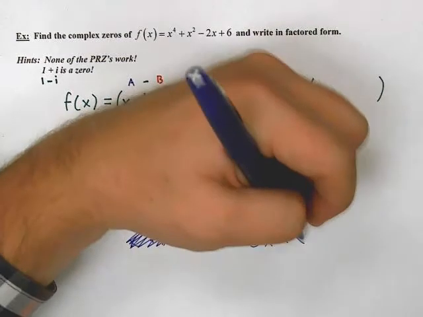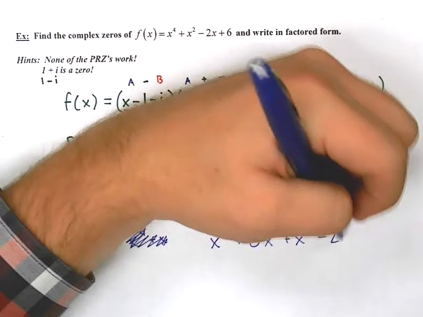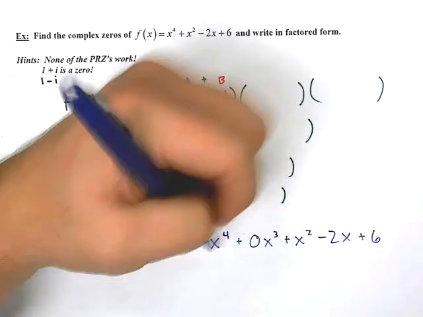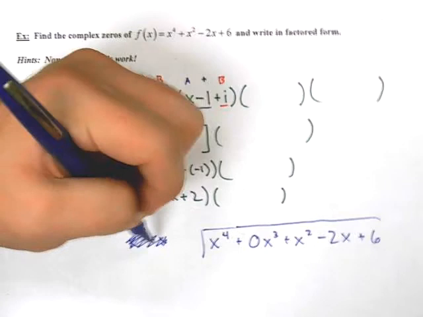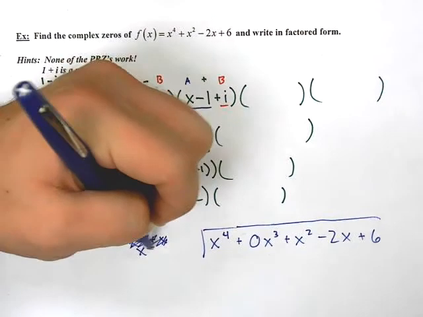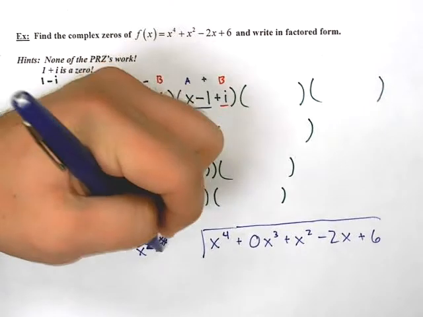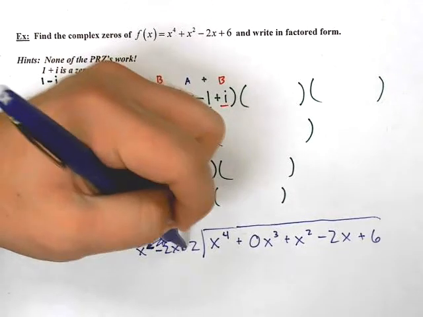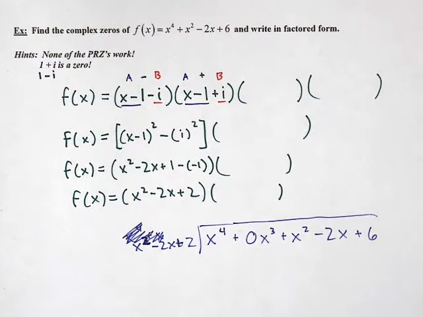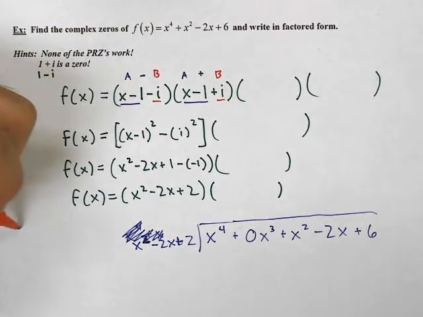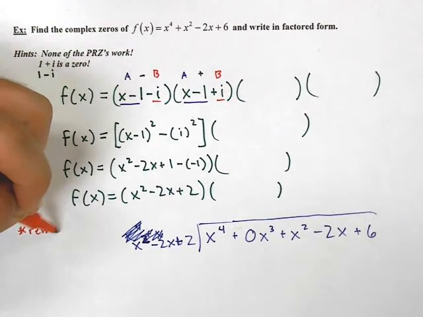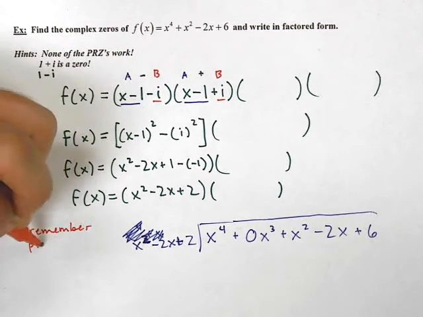And then plus x squared minus 2x plus 6. And we're dividing it by x squared minus 2x plus 2. Hopefully you can see what I'm doing here. Real quick, when you're studying, remember placeholders.